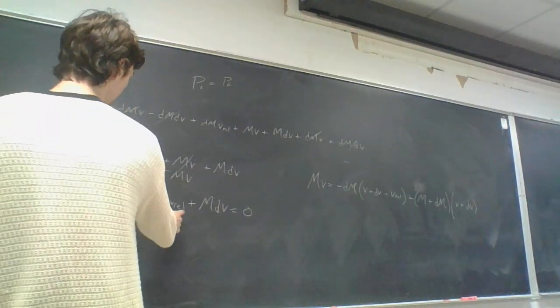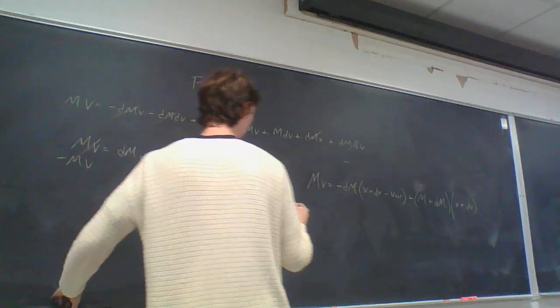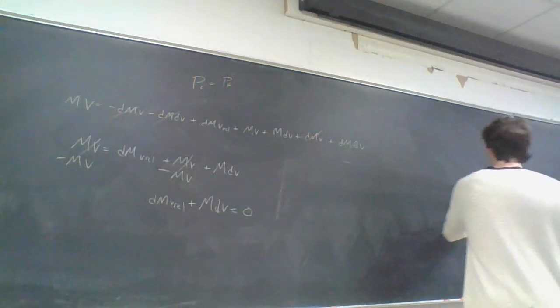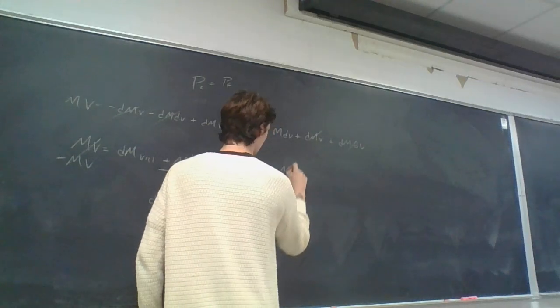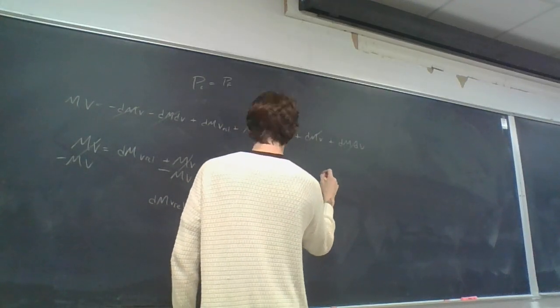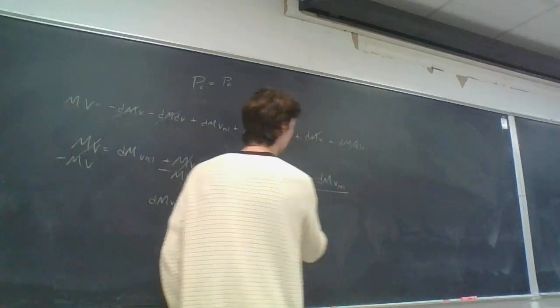And so we'll move this over to the other side. So our final result that we're going to work with is M dv equal to minus dm v relative.